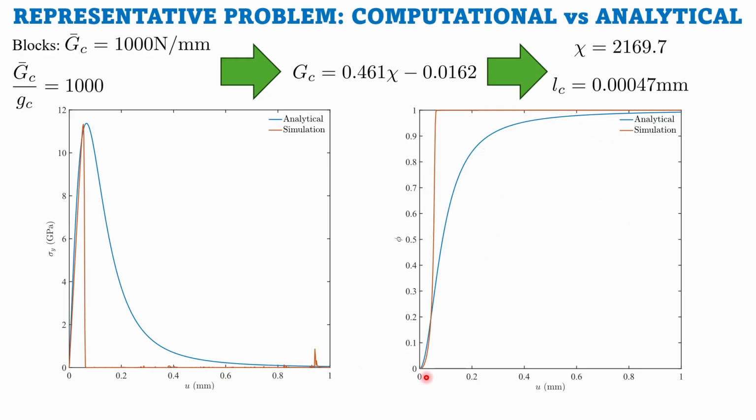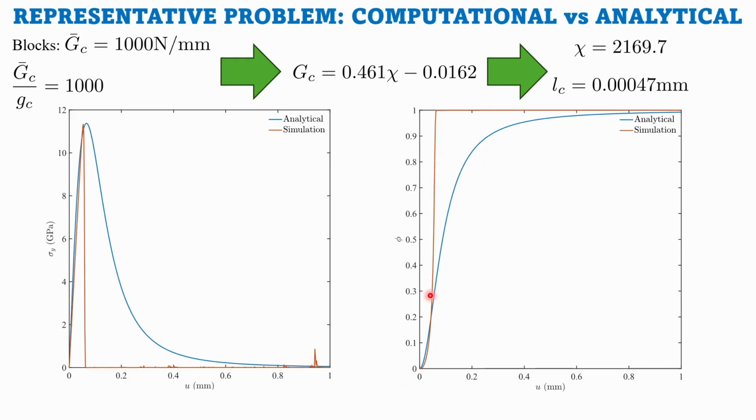The same goes for the phase field simulation. This is from Abaqus, our finite element software, and if a phase field curve shifts towards its left, we always say that crack propagation has occurred very fast, which is evident from this red curve.